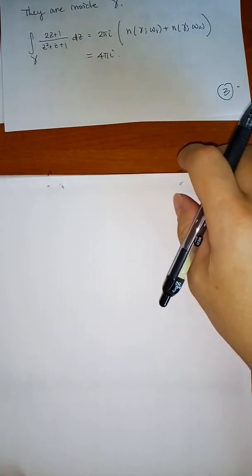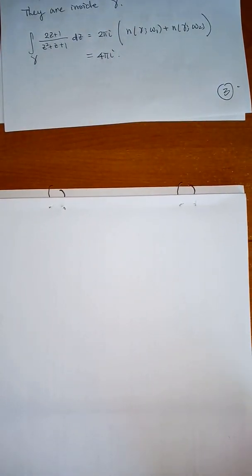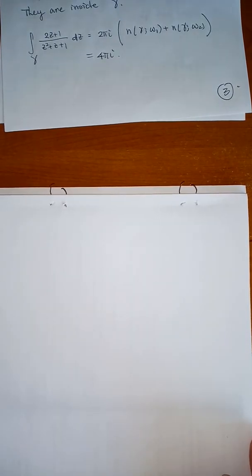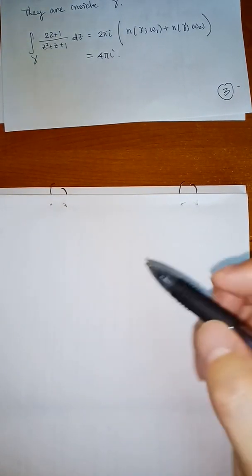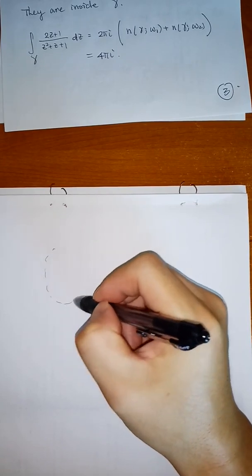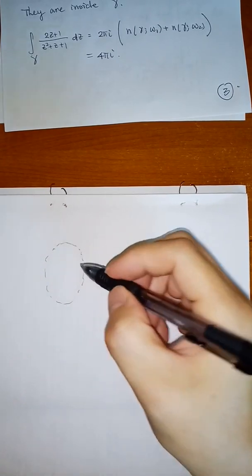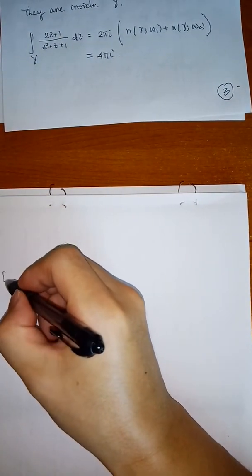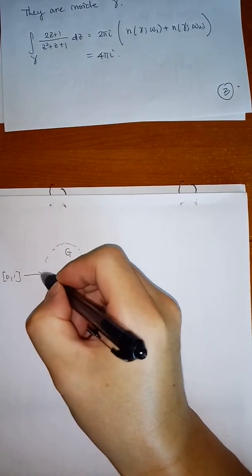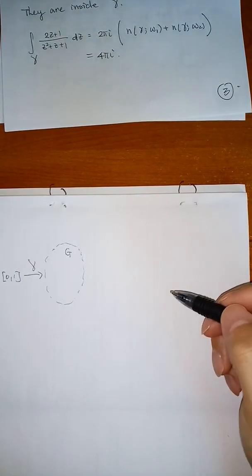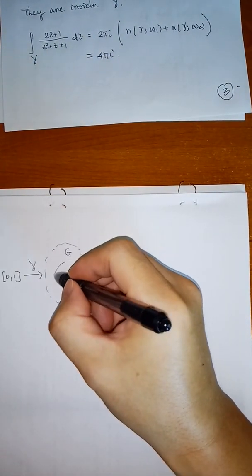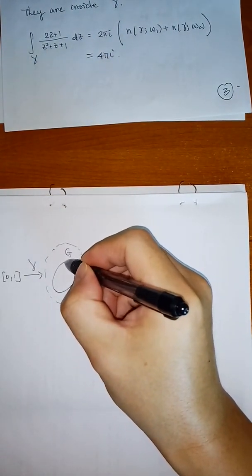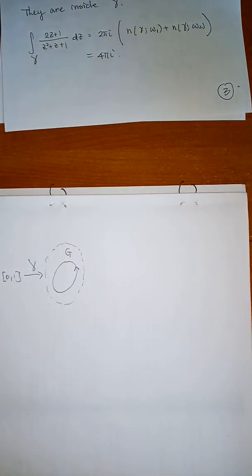Now let's have a little bit of discussion before we present the next theorem. We have a region G, and a closed rectifiable curve gamma.